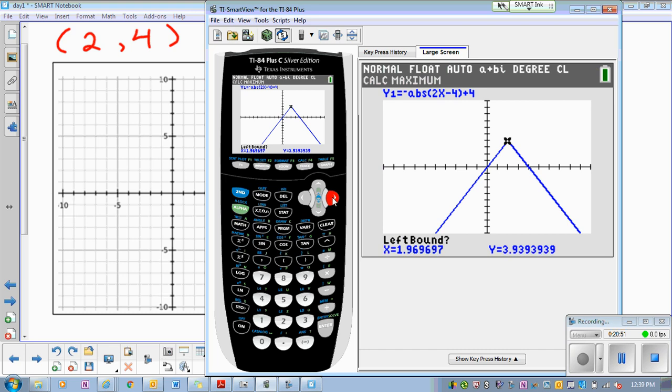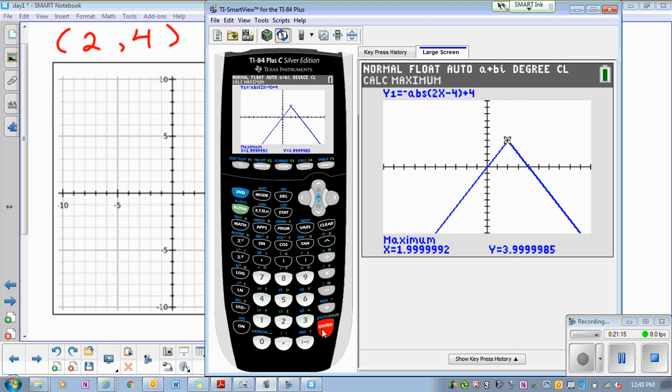Your calculator's saying left bound, so go to the left: hit left 1, 2, 3. Hit enter. Now go back to that vertex, and hit the right button, because it says right bound: 1, 2, 3. Hit enter. When it says guess, hit enter again.